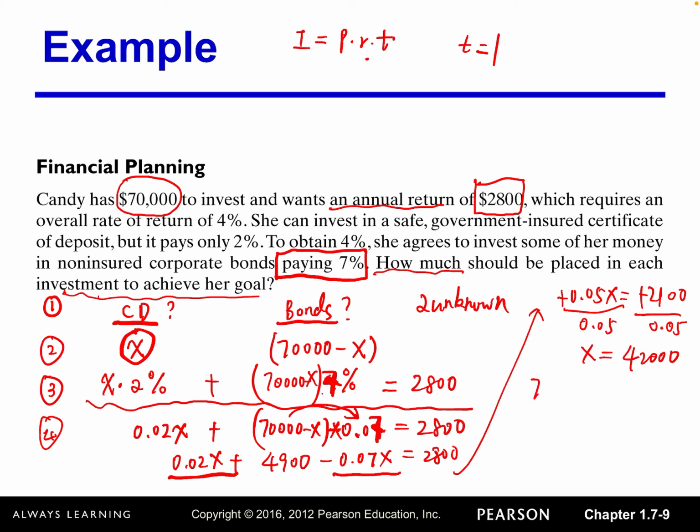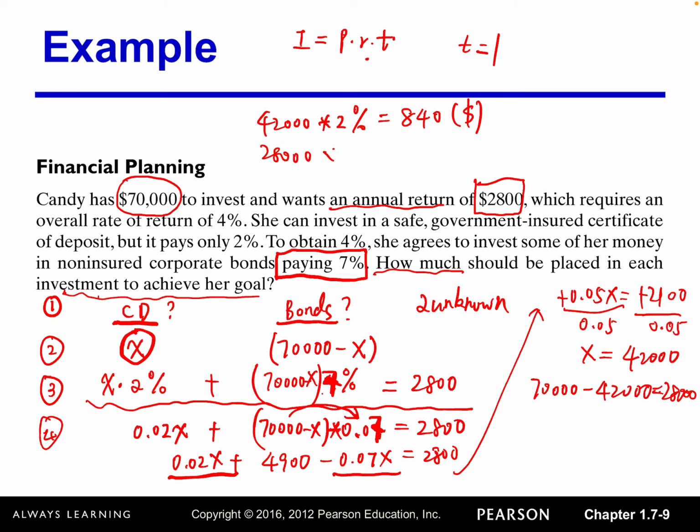And then how much is invested in the bonds? Use the overall investment, 70,000, subtract 42,000, and we get 28,000. Then we can verify the solution. See the interest made buying the CD: 42,000 times the CD's 2%, how much interest is made from the CD investment? We get $840.